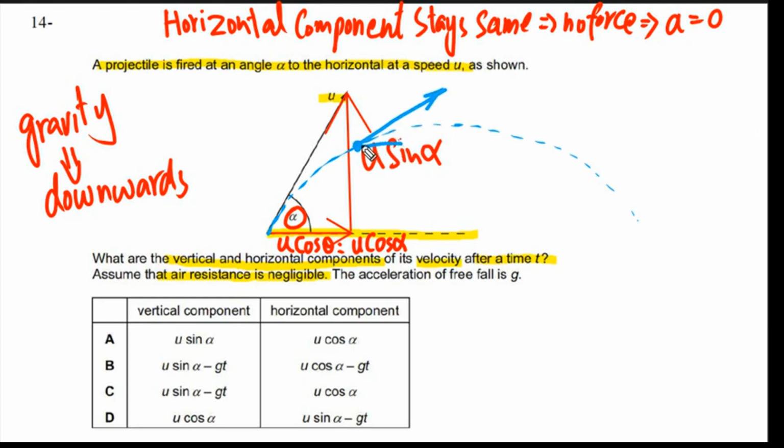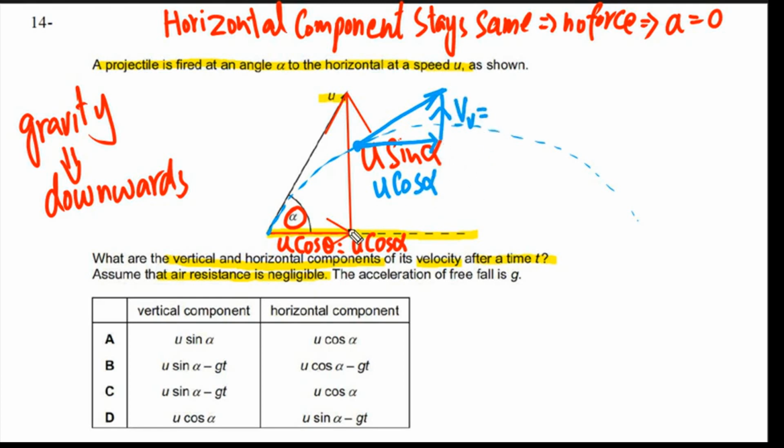We can resolve this velocity into two components, a horizontal component and a vertical component. As the horizontal component is not changing, it stays the same, so the horizontal component will be equal to u cosine of alpha.